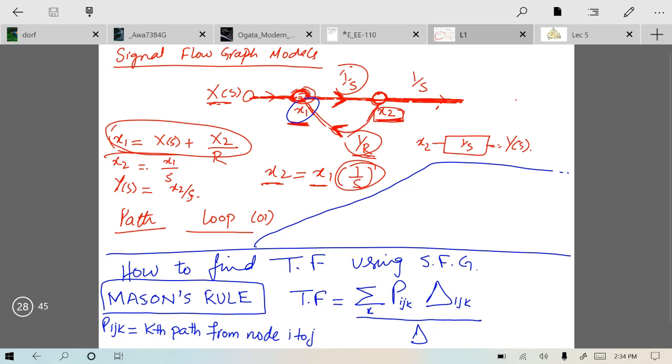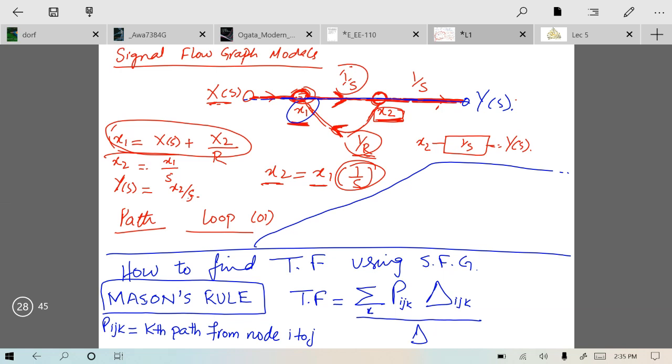For example, in the previous lecture, in this example, if this is Y(s), I told you how many paths are there from X(s) to Y(s). There is only one path. So k would always be 1 in this case because there is only one path.